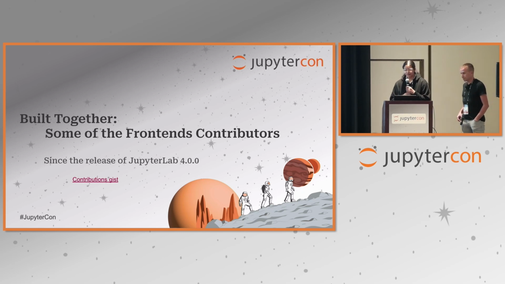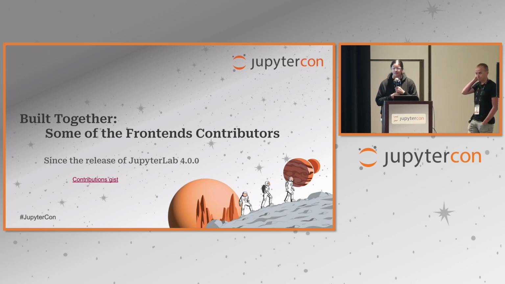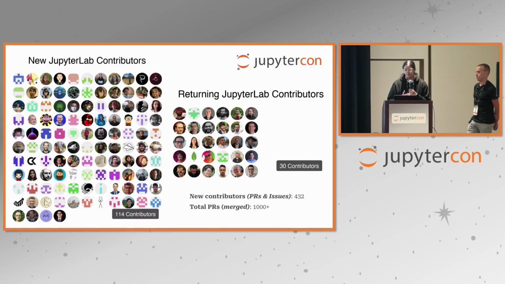And we just wanted to take a moment to highlight some of the contributors to at least some of the front-end projects since the release of 4.0. You can see here, there's a link to the code we used to generate it, and since JupyterLab 4.0, there have been 114 new contributors to the JupyterLab codebase, and 30 returning contributors.